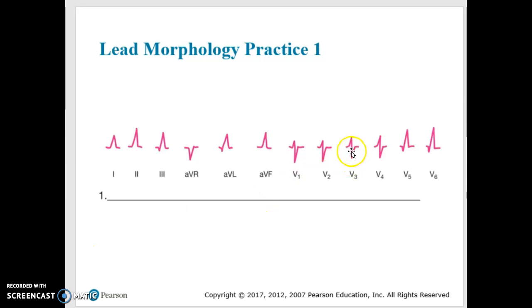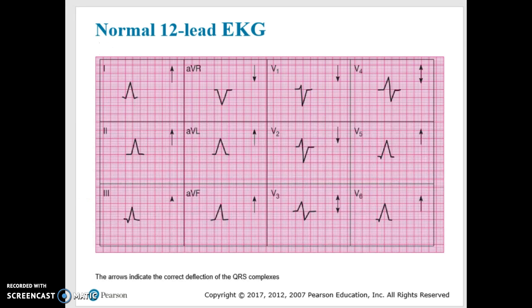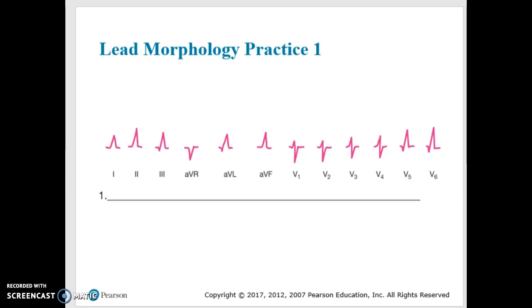V3 and V4, they appear to be both isoelectric. And then 5 and 6 are pointed upward. So the diagnosis of practice strip 1 would be normal morphology, because we looked at the directions and we compared these to the slide above.